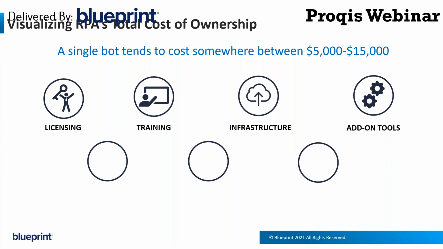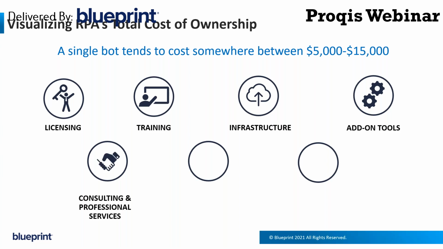That number is actually closer to $15,000 when you account for all the elements that contribute to the total cost of ownership of one bot, which include the licensing for all your users, the training of all your stakeholders on how to use the RPA tools, the infrastructure you need to deliver and scale the automation, like cloud delivery models and virtual desktops for your bots, the add-on tools for your automation tool chain, like process discovery tools, or even Blueprint that improve the lifecycle of your bots and quality of your RPA initiatives.